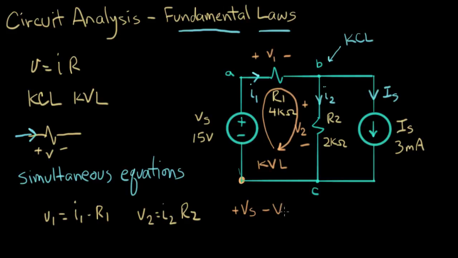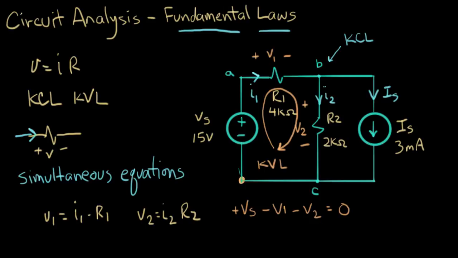Minus V1. Now I'm going to go through R2 and I see a voltage drop of V2. Minus V2 equals 0. That's Kirchhoff's voltage law around this loop. 1 rise, 2 drops.